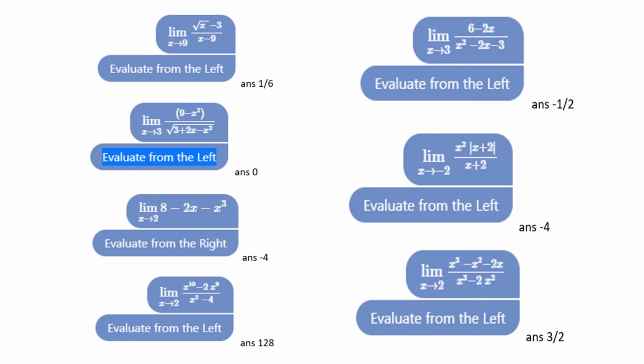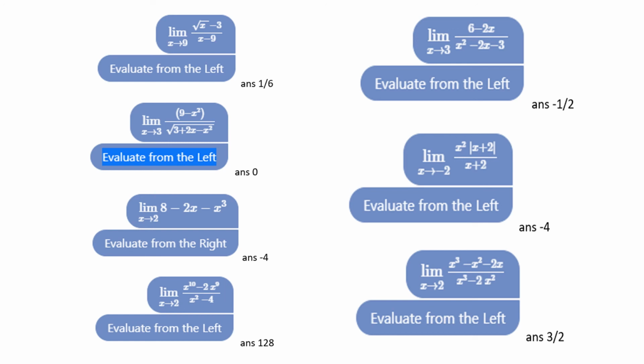The limit of 9 minus x squared all over the square root of 3 plus 2x minus x squared as x approaches 3 from the left is equal to 0. And the limit of x squared times the absolute value of x plus 2 all over x plus 2 as x approaches minus 2 from the left is negative 4.